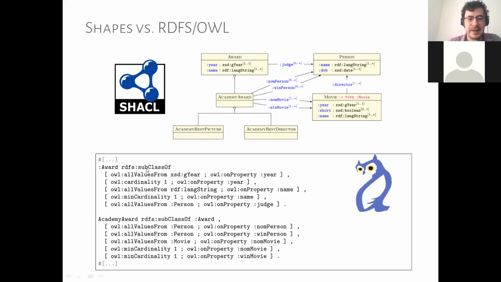We can say that an award must have all values from xsd:gYear, all of its years must be a datatype gYear, that it must have precisely 1 year, that it must always have language strings as names, that it must have at least one name, that all of its judges must be people. We can do something similar for our Academy Award.